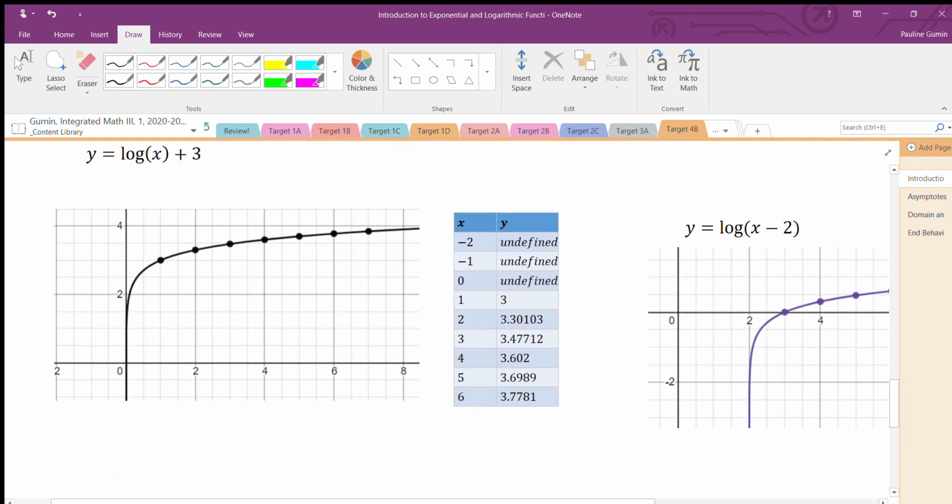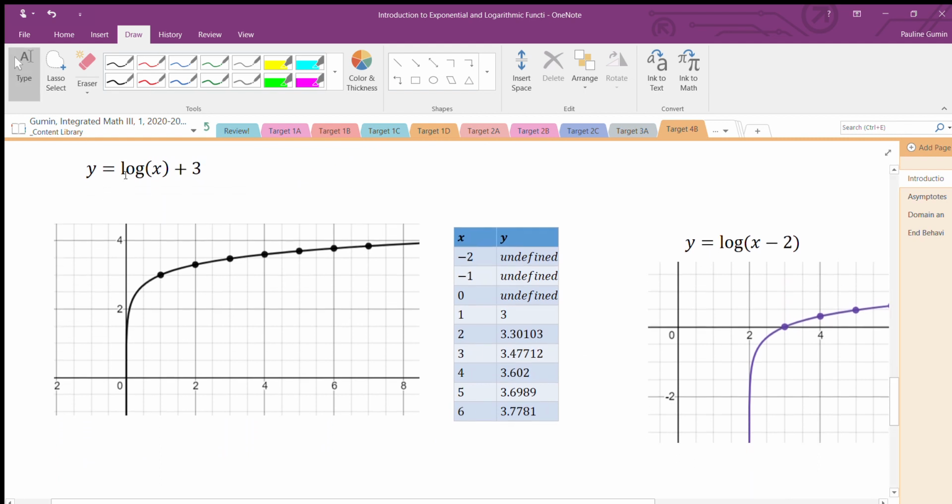So, how can I tell from the equation? This plus 3 on the outside. If I didn't have the equation, first I look for the asymptote, and I see that it's still getting flat by 0. So let me draw that in.